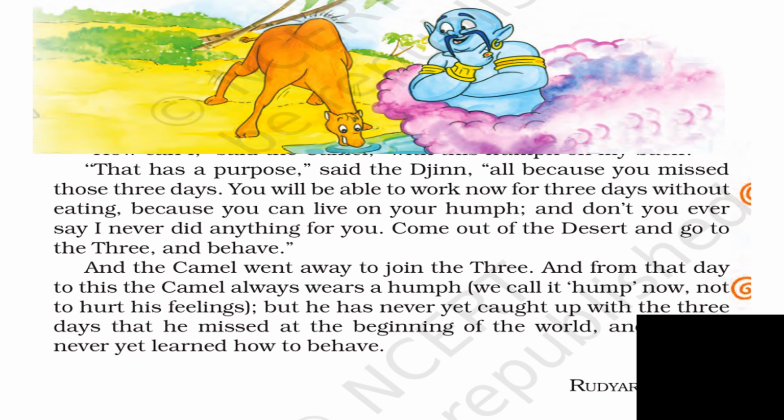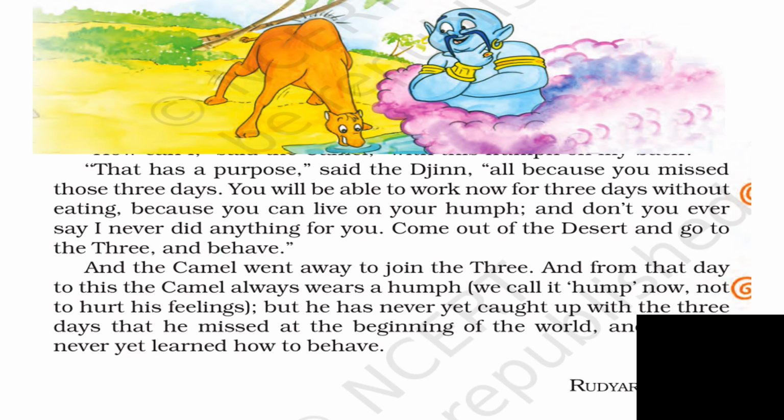"Come out of the desert and go to the three." Go to the three means the horse, the ox, and the dog. "And behave." Behave means behave with them kindly, politely, humbly. And the camel went away to join the three.